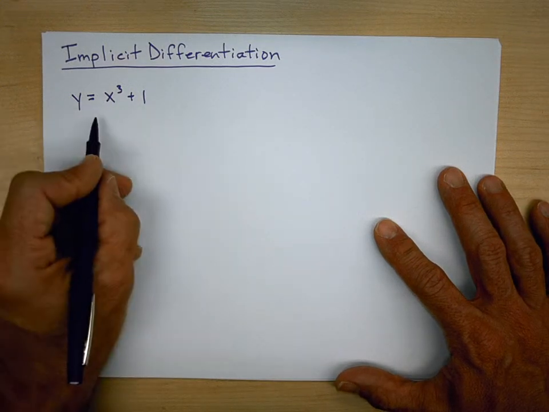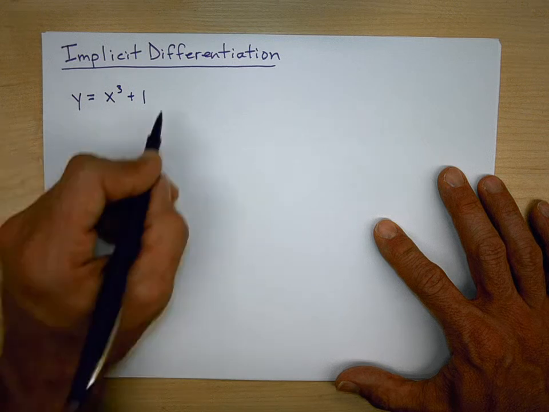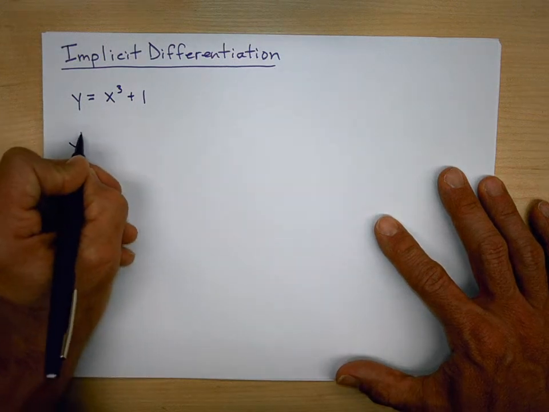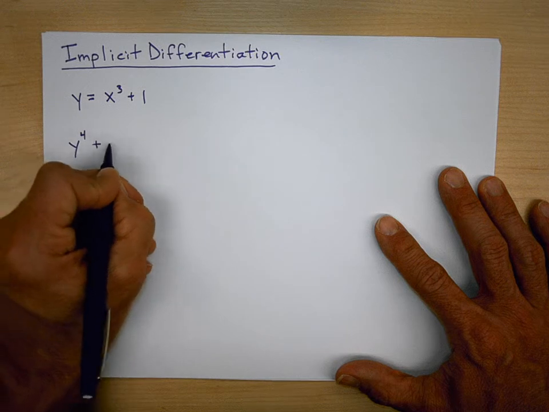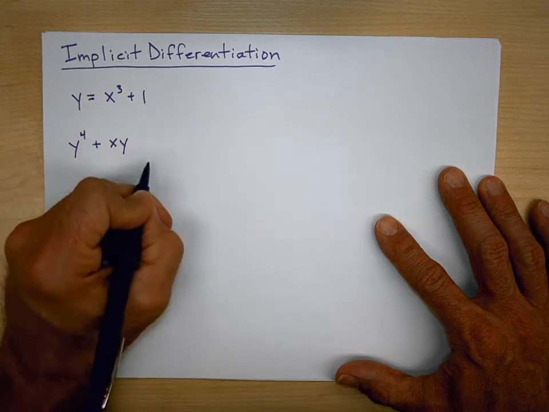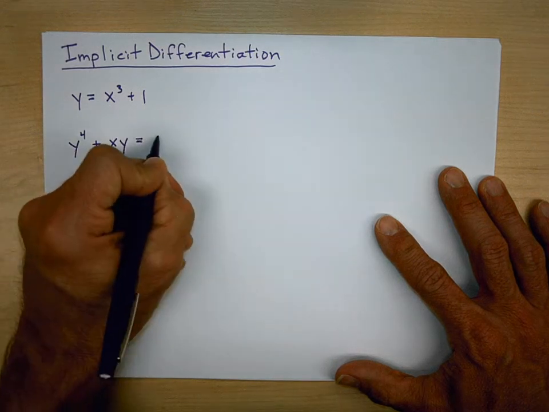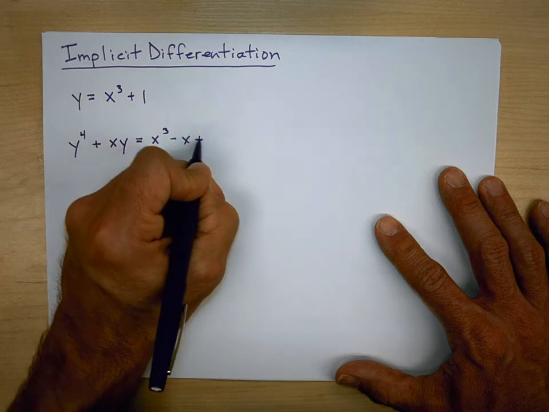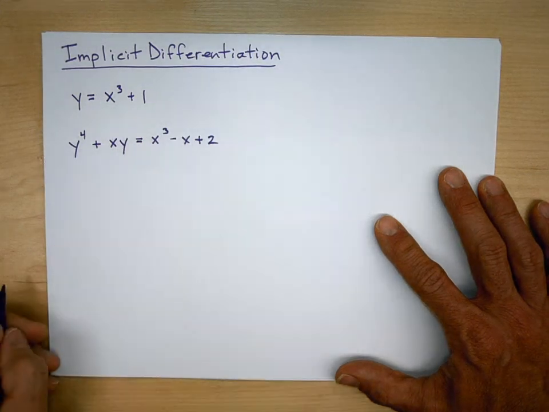It might be easier to understand explicit in terms of something that's not. So let's think about something like this: y to the fourth plus xy equals x cubed minus x plus 2.